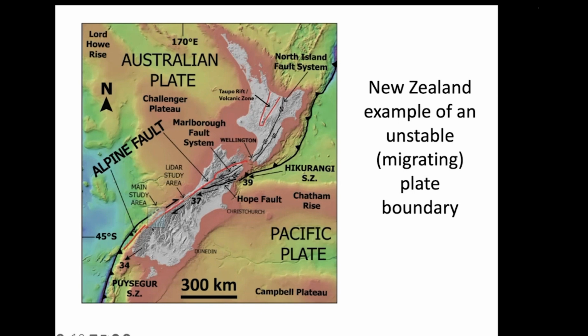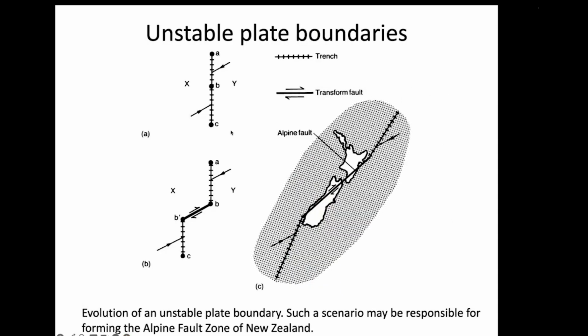And in between, you have a transform. Because of these two convergent margins, this strike-slip fault system is changing with time. It's getting longer. So we see this as an unstable plate boundary. What we can imagine is this is in the north, this is in the south.